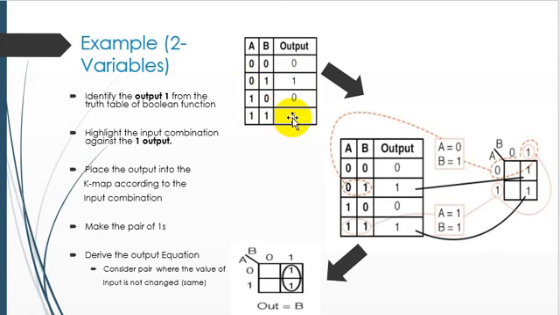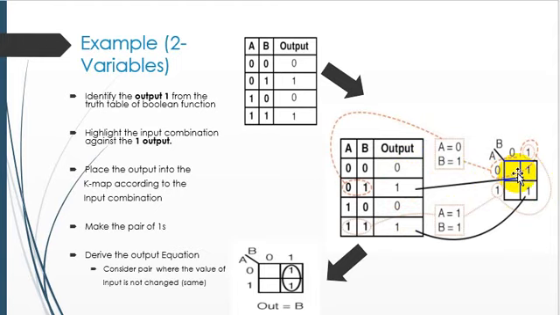Now the third step is to map this output into the K-map. If you remember the K-map of two variables, we have 4 cells, and each cell represents the min terms. First is M0, M1, M2 and M3. You can also label the truth table with M0, M1, M2, M3. So it's very easy for you to map the output into the K-map.